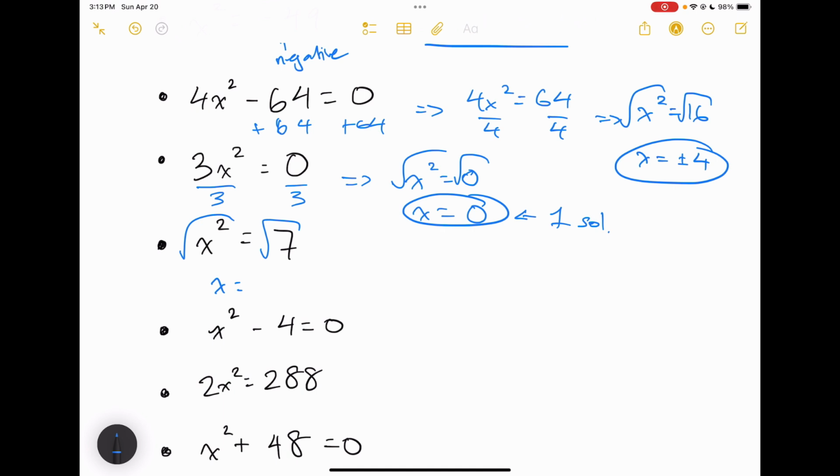It's going to be some weird number between 2 and 3 that just goes on and on and on forever with no pattern. In situations like this, you'll add your plus or minus to the outside and leave the square root of 7 as it is. And that is an acceptable final answer. Keep in mind to leave that plus or minus outside the square root sign.